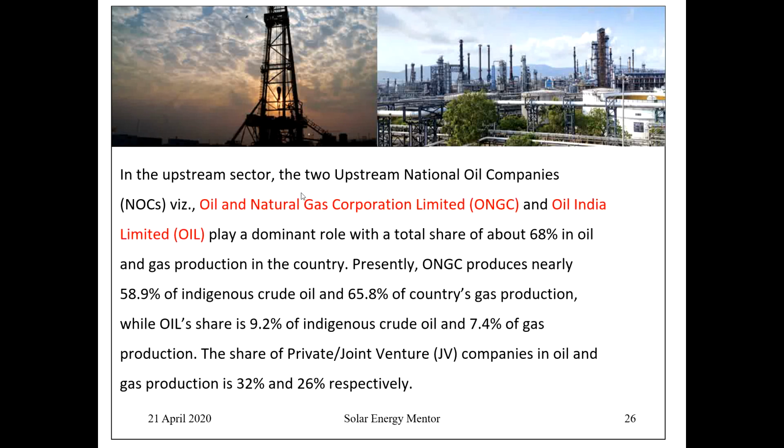Presently, ONGC produces nearly 58.9% of indigenous crude oil and 65.8% of the country's gas production, while Oil India Limited's share is 9.2% of indigenous crude oil and 7.4% of gas production. The share of private and joint venture companies in oil and gas production is 32% and 26% respectively. The new exploration licensing policy has enabled private companies to explore and refine crude oil.